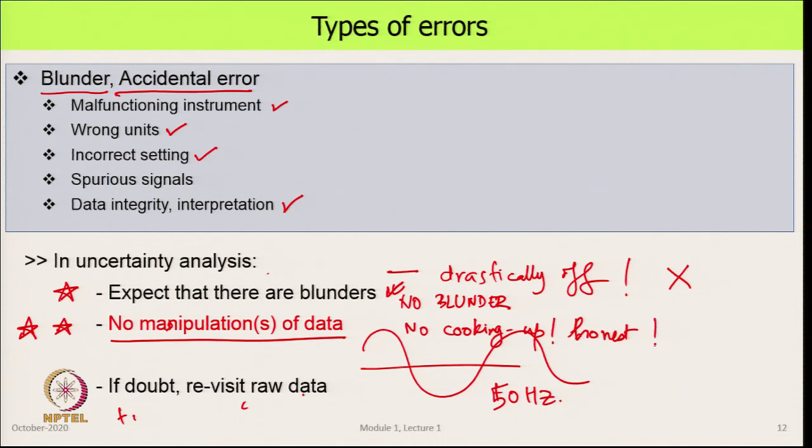If at the end of the calculation we get a very drastically off result, it looks like a blunder or it does not make sense, well, this will tell you that you need to go back, redo the experiment and figure out what has happened. We will not cook up the data to get the result that we are looking for or the conclusion that we want to draw. This we will not do. So, this is a fundamental requirement of all experimental work, and in this course we assume that all the data collected was not manipulated and the experimenter has been honest.